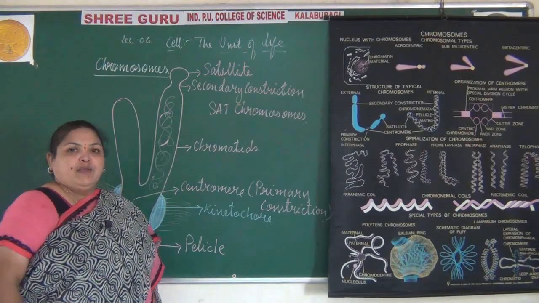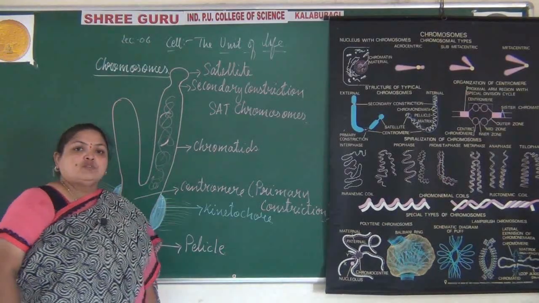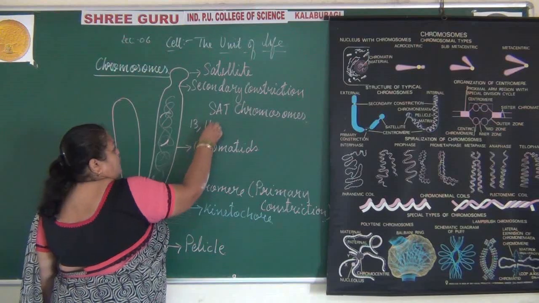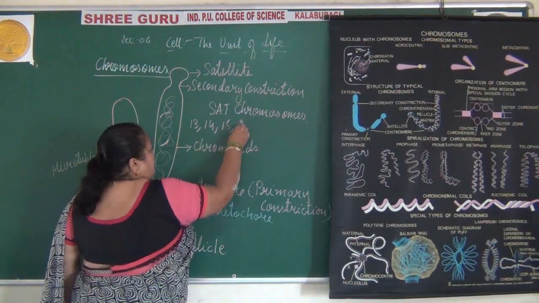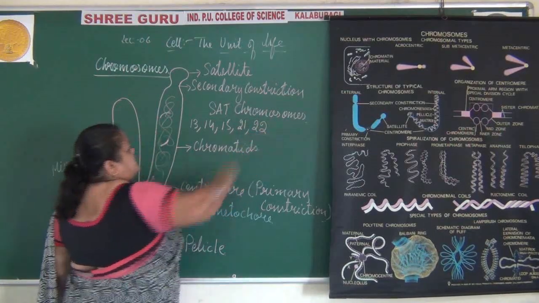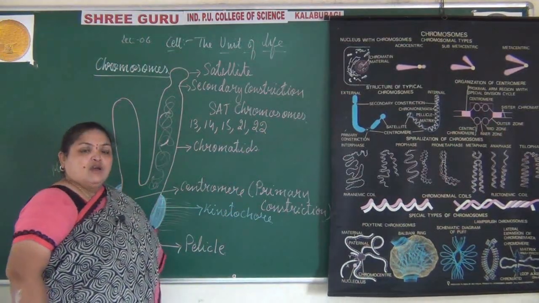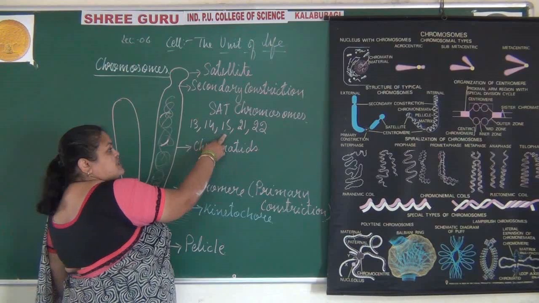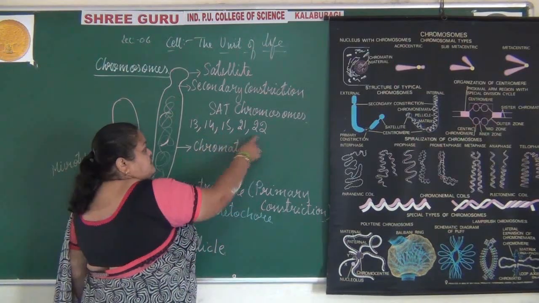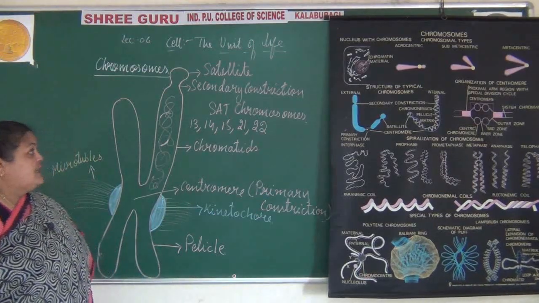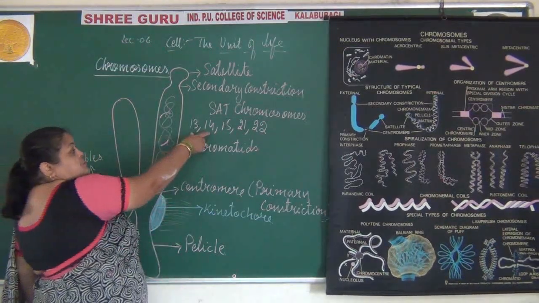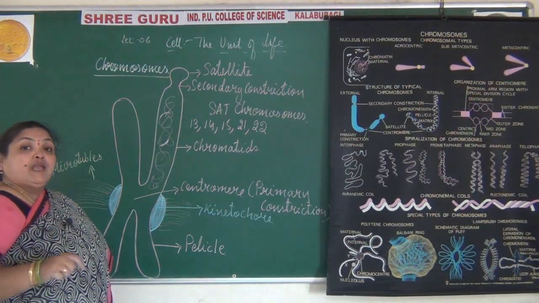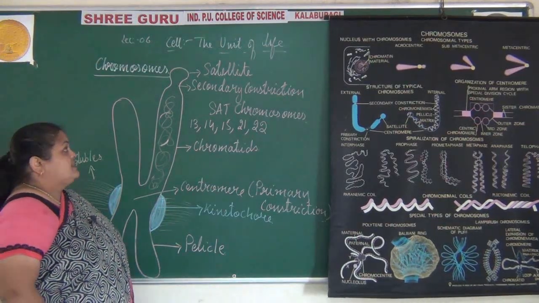There are 5 pairs, or 10 chromosomes, which have satellites: the 13th, 14th, 15th, 21st and 22nd. Those chromosomes have the knob-like structure beyond the secondary constriction, known as the satellite.